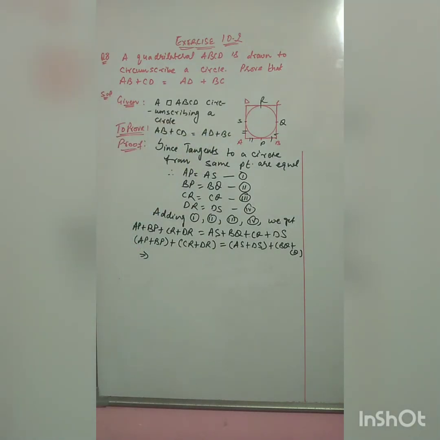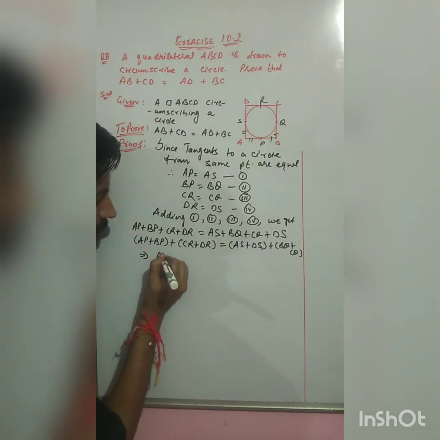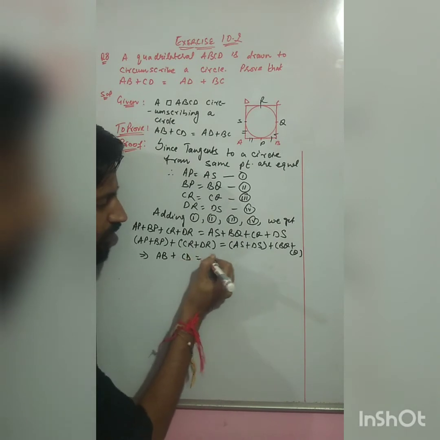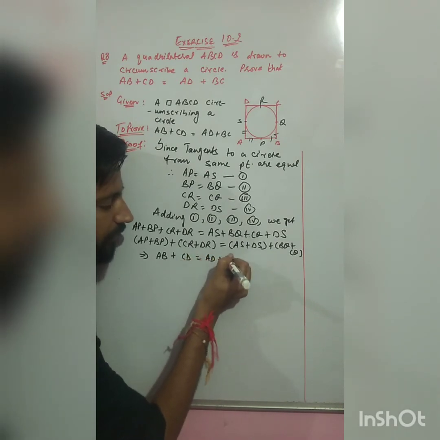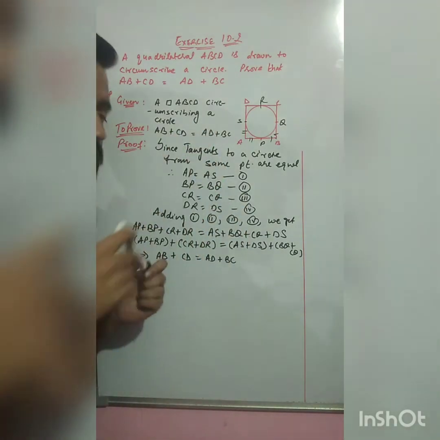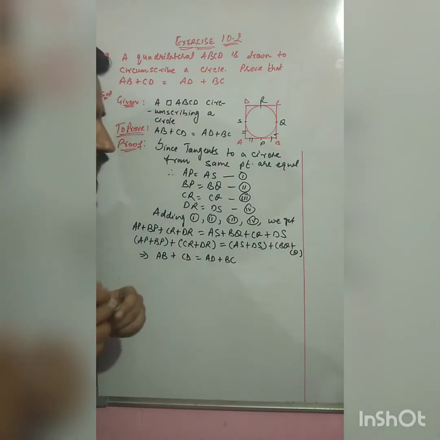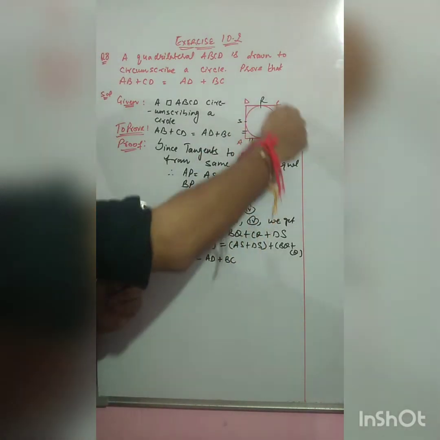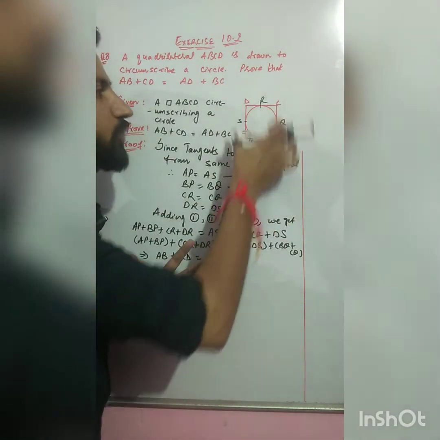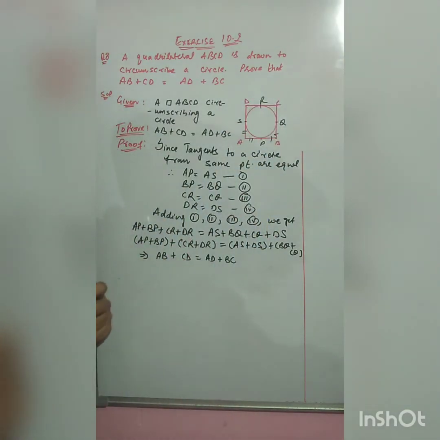So when we add it, what we get here is AB plus CD is equal to AD plus BC. So this is the required proof of this question, where we have to prove that if there is a quadrilateral circumscribing a circle, then the sum of the opposite sides of the quadrilateral would be equal.